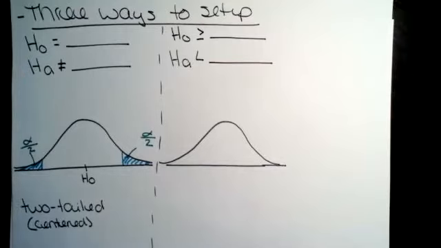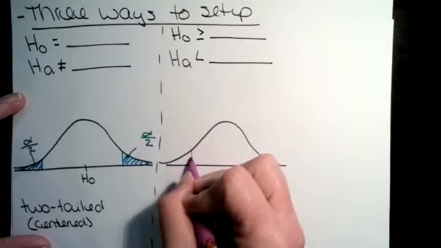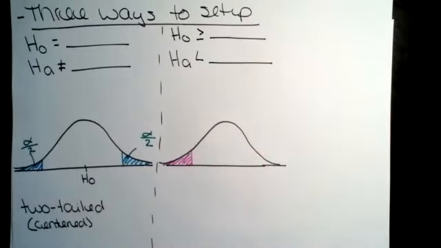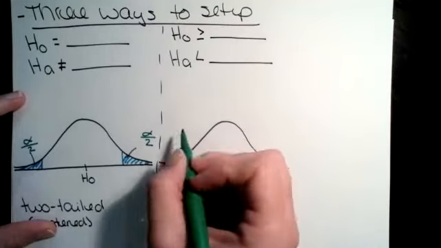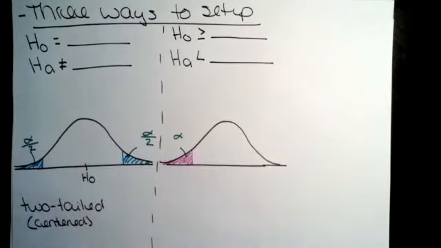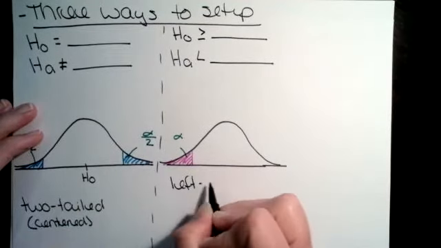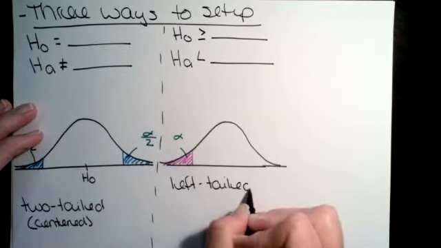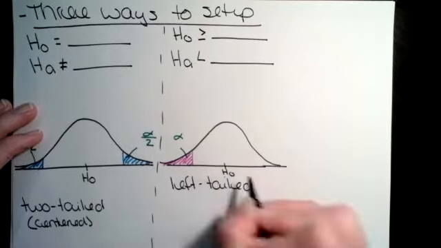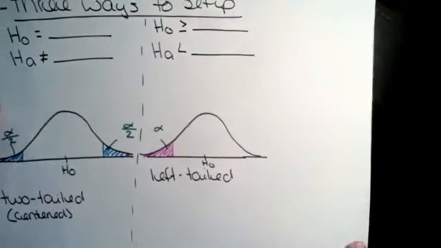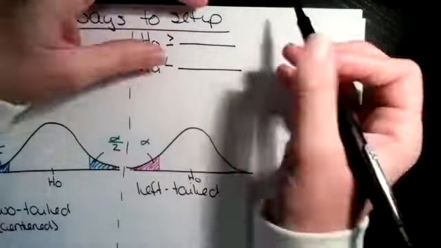So now I'm looking here for the less than, that's the left tail, and that's where my alpha is. So the area in that tail is just alpha because I only have one tail. So this is called my left tail test. And remember, this is still the null hypothesis is the center here.